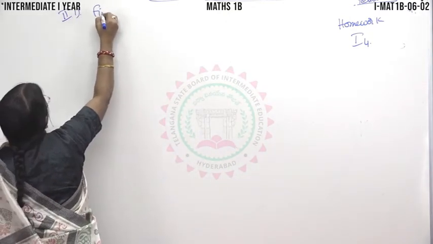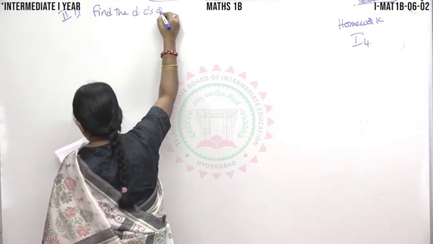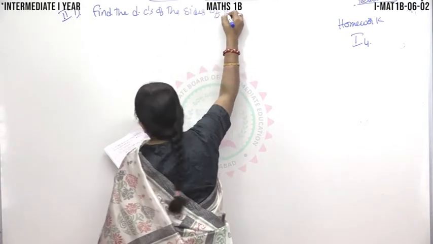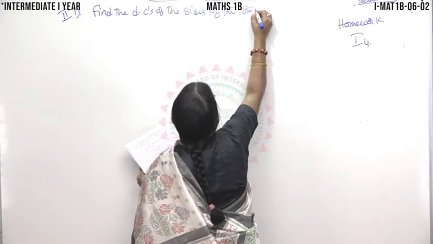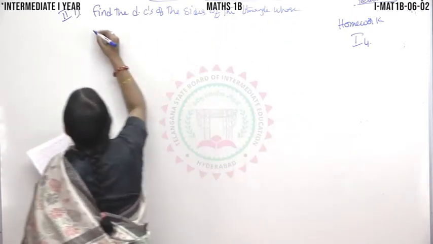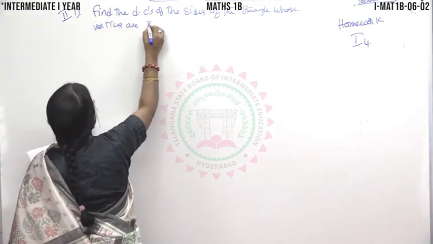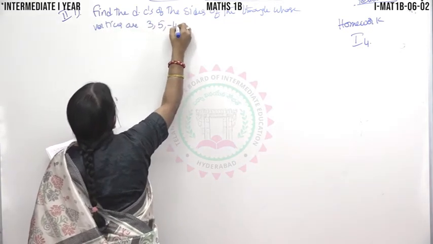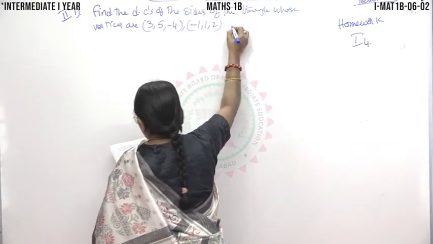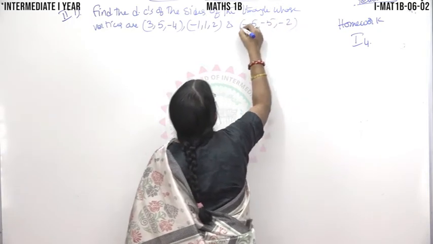Next, second section, first problem. Find the DCs of the sides of the triangle whose vertices are 3, 5, minus 4, and minus 1, 1, 2, and minus 5, minus 5, minus 2.